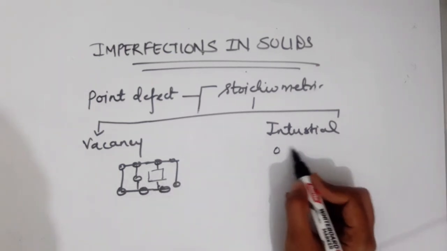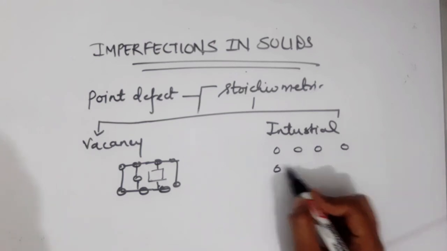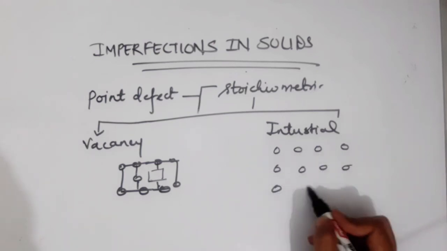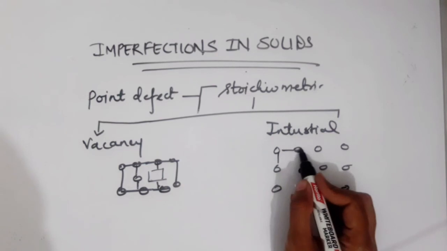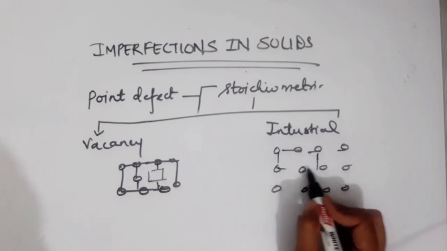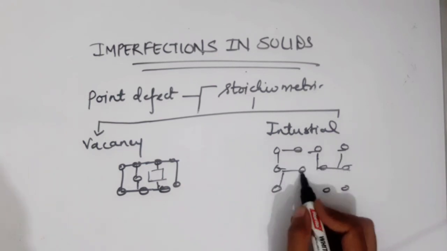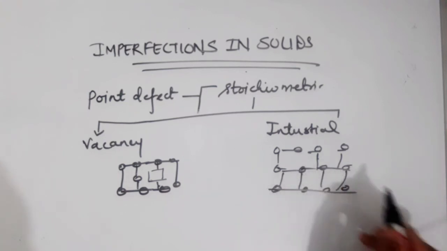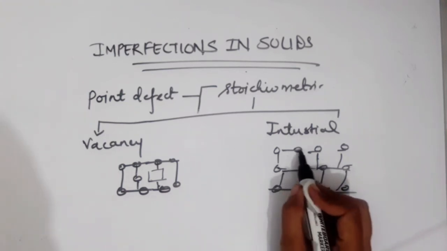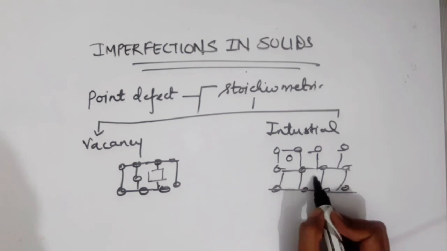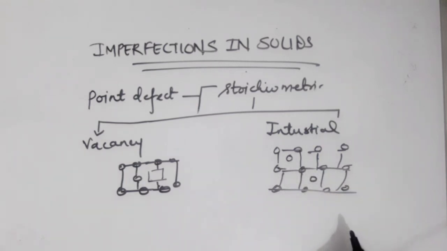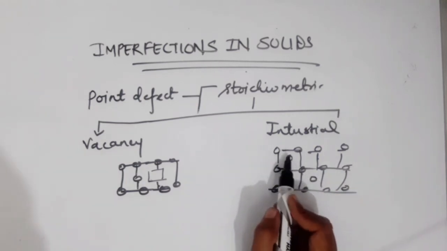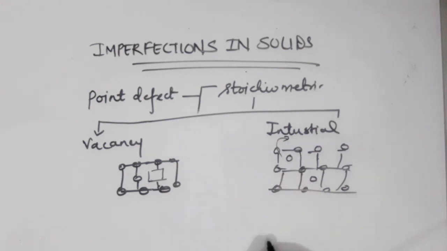Now if the same arrangement has an entry of an atom in the interstitial spaces, that is if the atom occupies interstitial spaces, then it is known as interstitial defect.